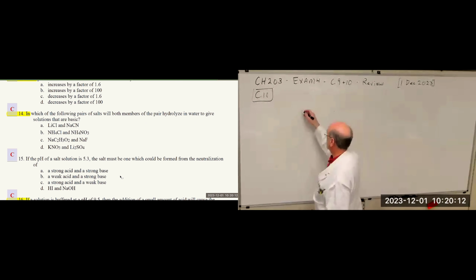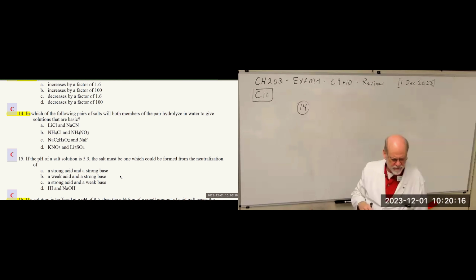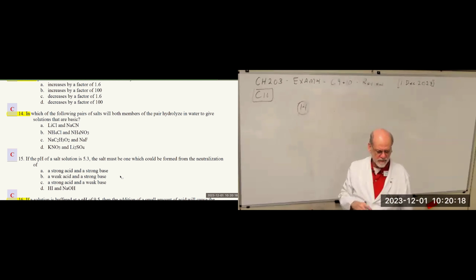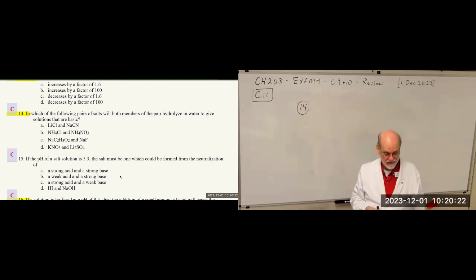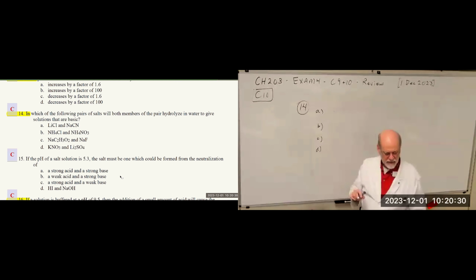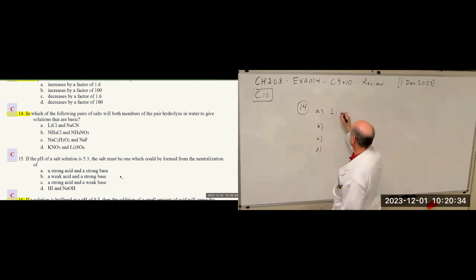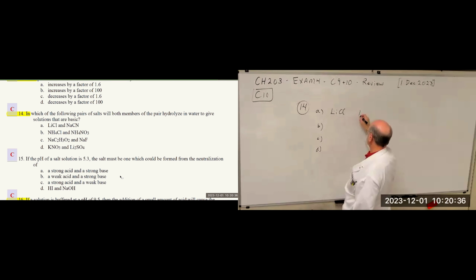14. In which of the following pairs of salts will both members of the pair hydrolyze in water to give solutions that are basic? Okay. B, C, D. All right. Lithium chloride and sodium cyanide.